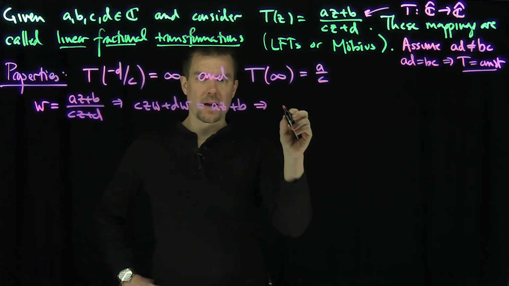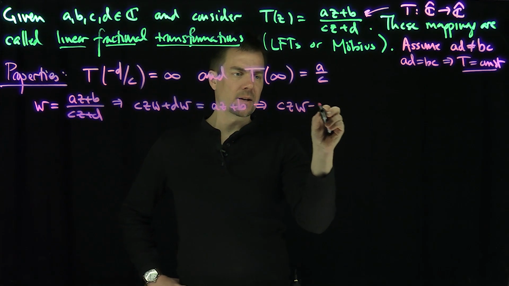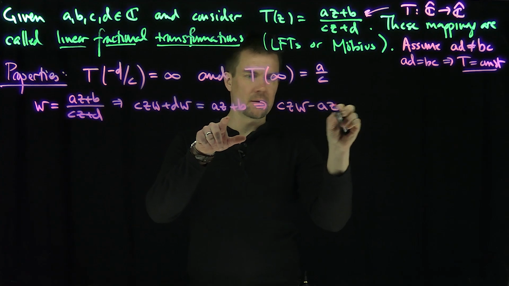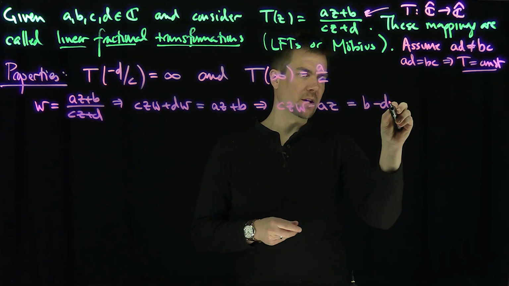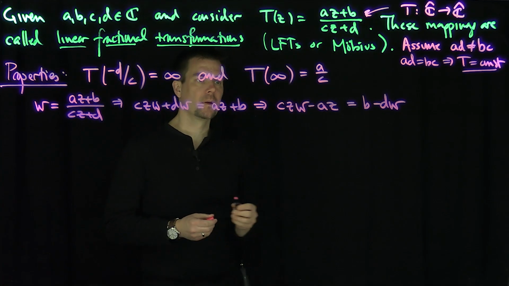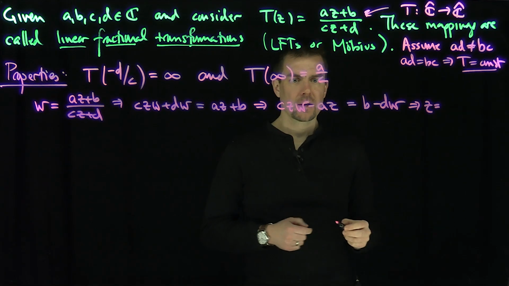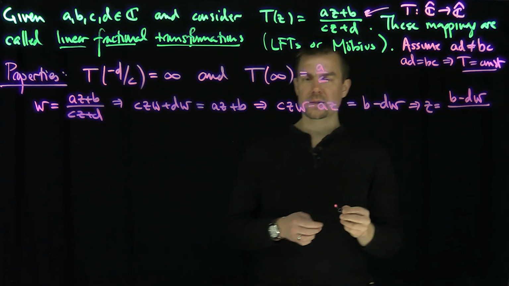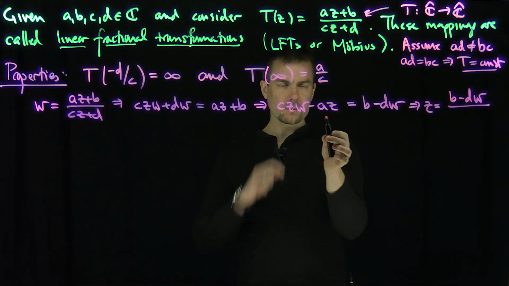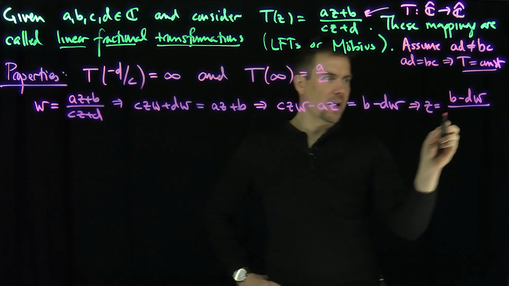CZW minus AZ is going to be equal to B minus DW, like that. And that tells me that Z is going to be B minus DW over CW minus A.